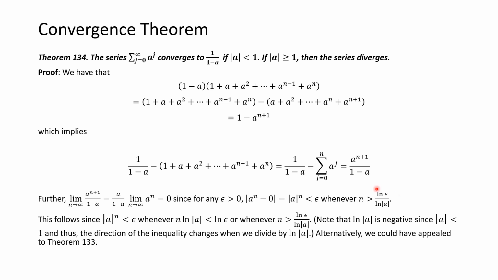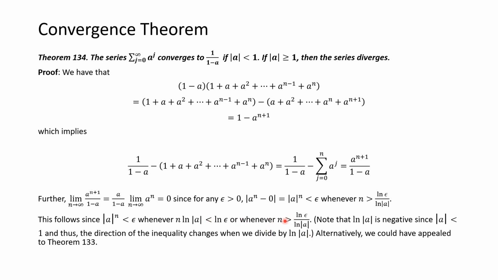And the question is, how did I come up with this delta? Well, I took our inequality here and took the natural log on both sides of this. So you get n natural log of the modulus of a is less than the natural log of epsilon. And that's true whenever n is bigger than this.